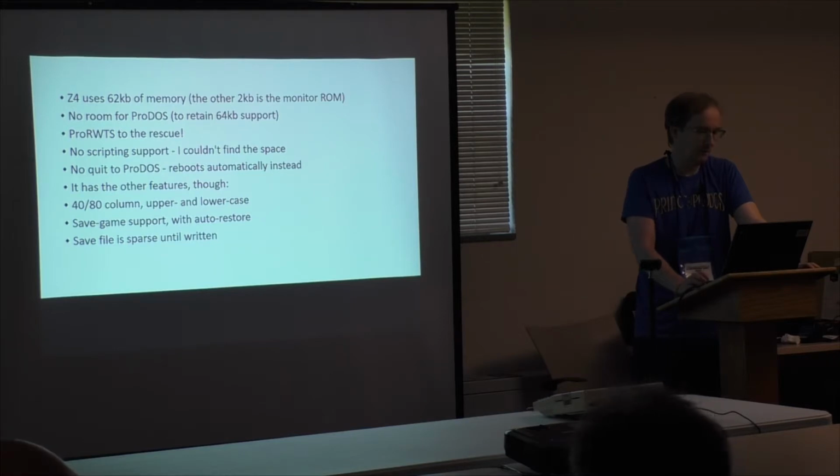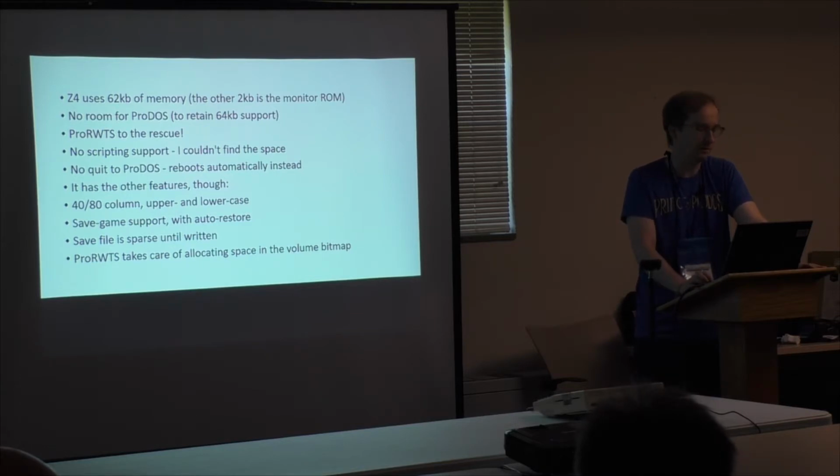And for this case, to save on code size, we require that the save game exists on disk already, so I don't have to create it. But to save on disk space, we use a sparse format that's only 5 blocks on disk, even though the file size appears to be 140K. And then ProRWTS knows how to write to the sparse file and update the structure on disk, so it does the right thing.